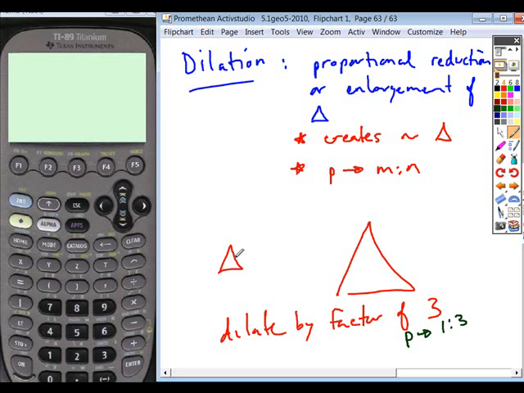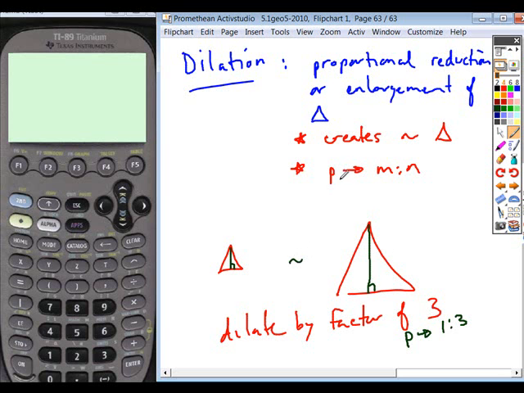So that means the perimeter of this smaller triangle is 1/3 the perimeter of the larger, or the perimeter of the larger triangle is 3 times the perimeter of the smaller. Okay, these corresponding altitudes right here have a ratio of 1 to 3. And any one-dimensional measurement that you're dealing with between these two triangles will be 1 to 3. And again, because we created a dilation, they are similar to each other. So corresponding angles are equal.